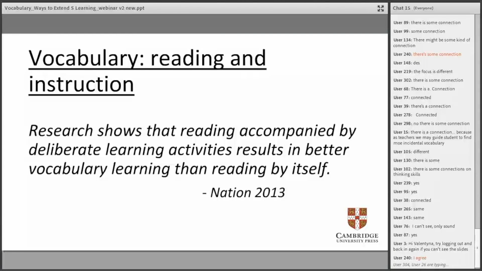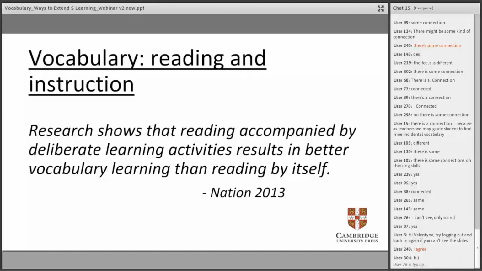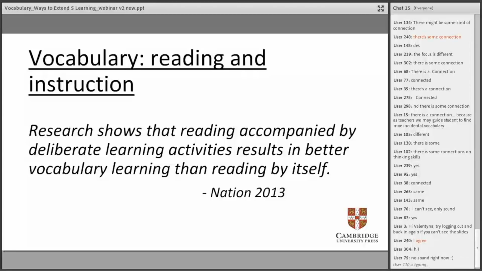Research shows that reading accompanied by deliberate learning activities results in better vocabulary learning than reading by itself. What is interesting about this quote from Paul Nation is the fact that often teachers do feel that students need to assume most of the responsibility for learning vocabulary.